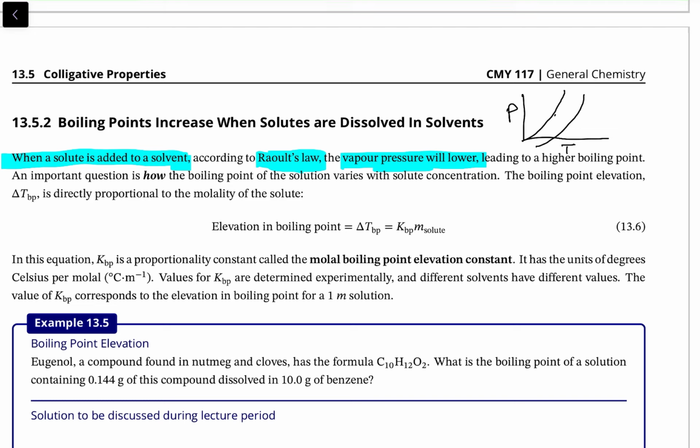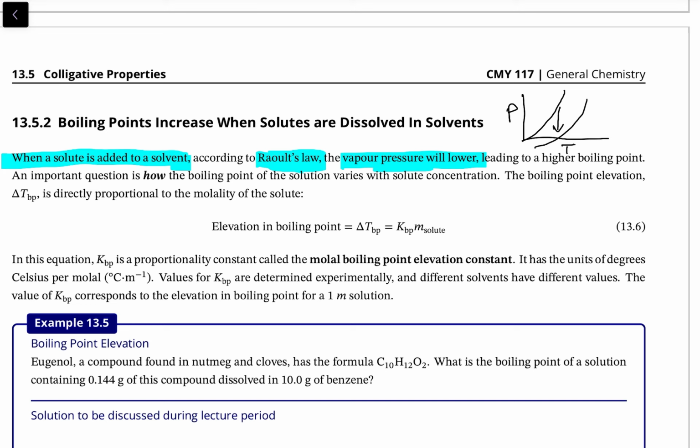So sorry, my arrow is not completely nicely down.